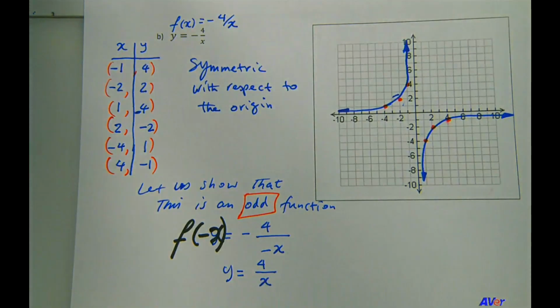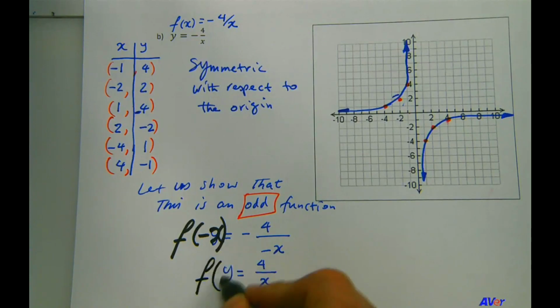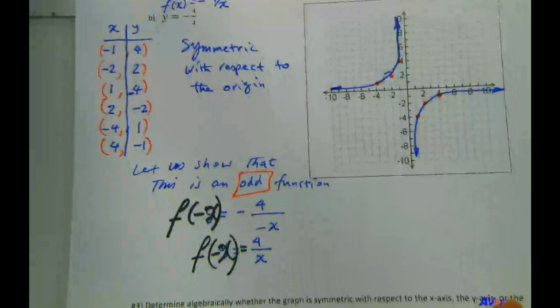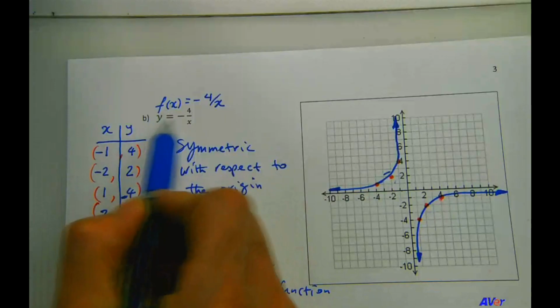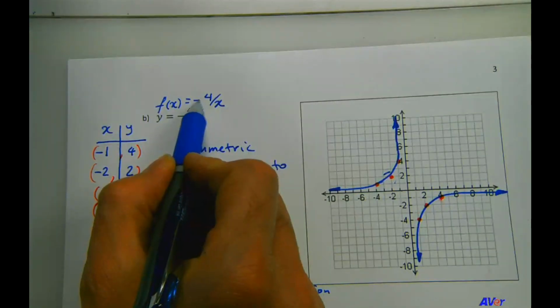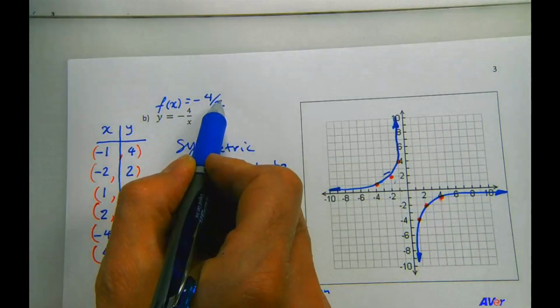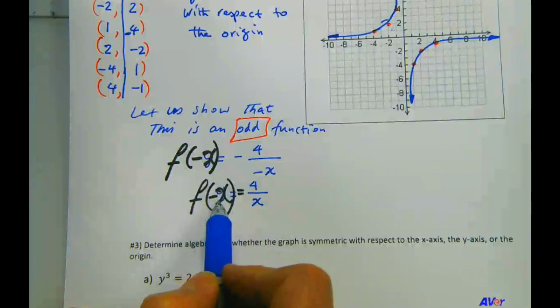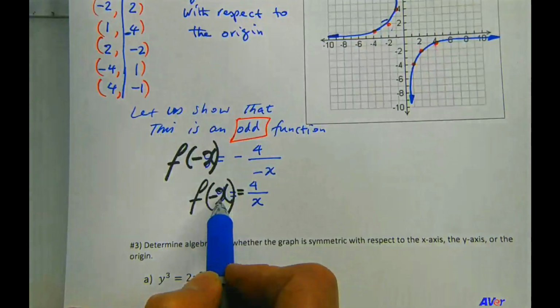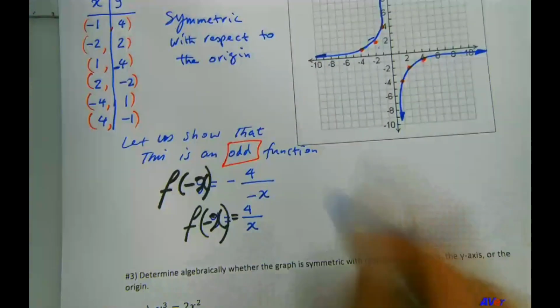And let me also correct this y with negative x. Okay, that's better. So if you multiply, now look at this original function. If you multiply minus 4 over x by minus 1, right, you get f at minus x. So we've shown that the function is odd.